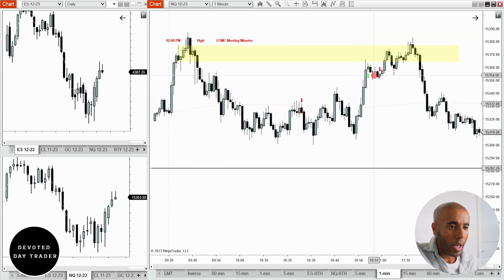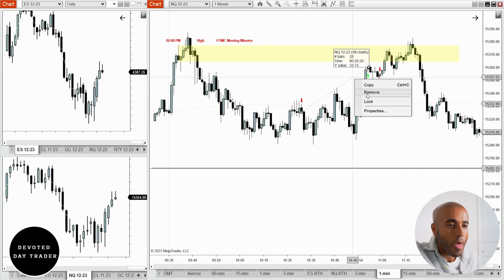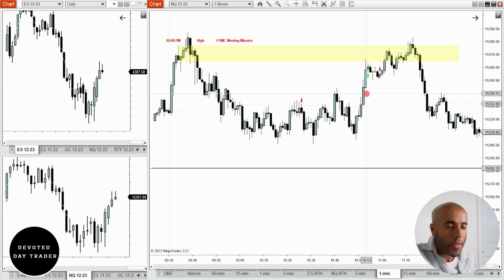So this is where I went short on the 1 minute, and this is where I stopped out. My stop was actually a lot of points. Well, it was about 35 points. 34 points and 3 ticks.